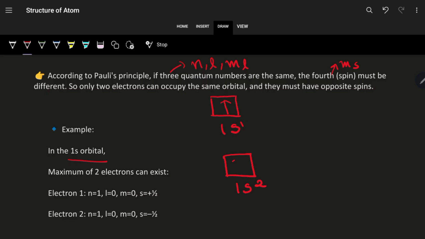It will be 1 electron in spin up, the other electron in spin down. For this reason, we are drawing half arrows. That means half spin and half spin in the opposite direction, plus half and minus half. So this is the 1s2 configuration. Maximum 2 electrons can exist.